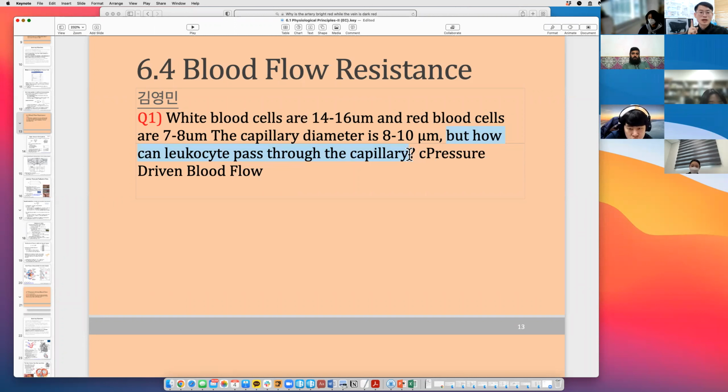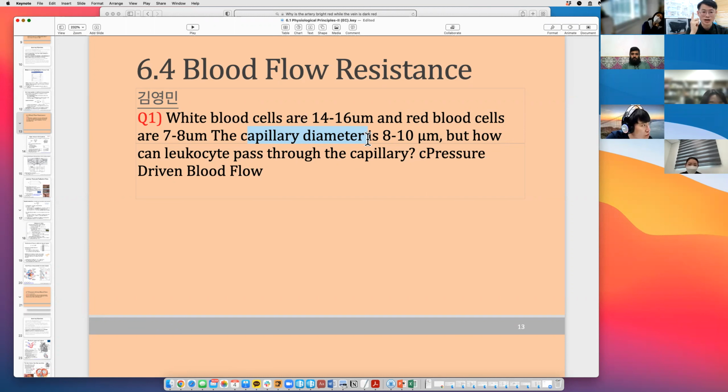Youngmin, I want to point out that, in fact, it's known that RBCs are typically comparable to, but actually bigger than, the capillary diameter. So what you found in some sources may not always be true.